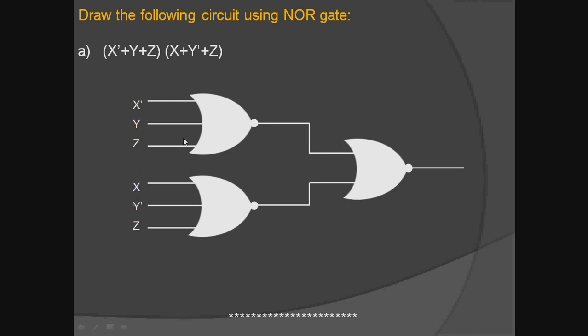So what you get is x plus y plus z, and here x, y complement, z. Here also, since you desire one output, another NOR gate is added on that. So try out how to find the output on this one, and from here the input will be entered. Again the final output will be a different way.